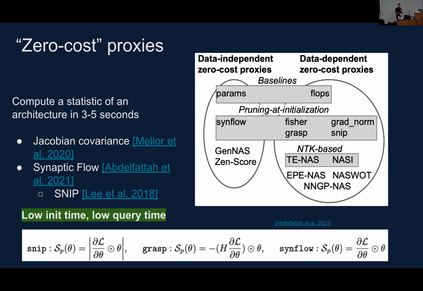And I believe the second NAS tutorial will talk a lot more about these techniques. So if you're interested, I believe that's after lunch that the second NAS tutorial will discuss this. In contrast, these are extremely fast, but not quite as accurate as some of the other predictors.